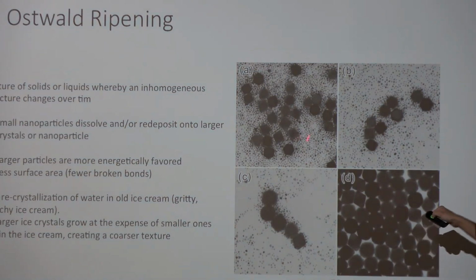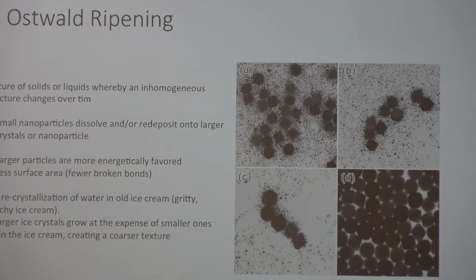This is a mixture of platinum nanoparticles. There are really small ones, maybe 1, 2, 3 nanometers, and then these bigger ones that are closer to 50. And these are at 4 different time points, like day 1, day 3, day 7, and maybe day 30, okay? What happens over time is that the bigger ones become bigger and the smaller ones essentially disappear.